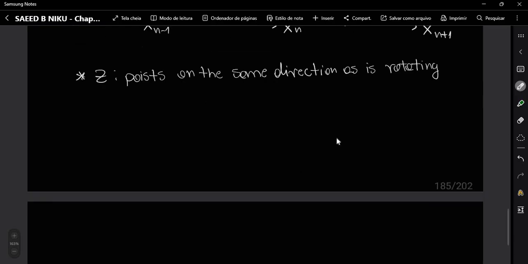So right here we just need to pay attention to the way that it is tilted. So pay attention to the way that it is tilted.